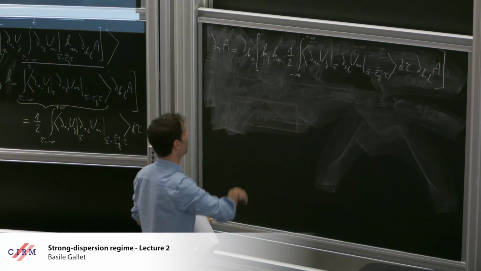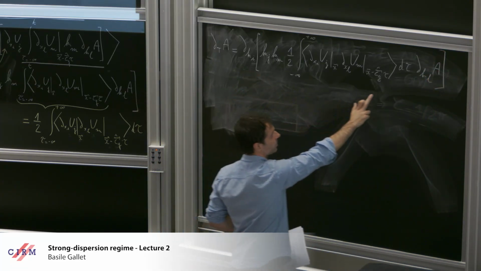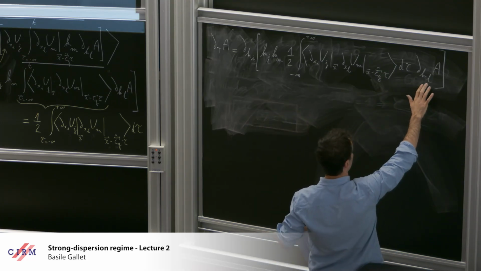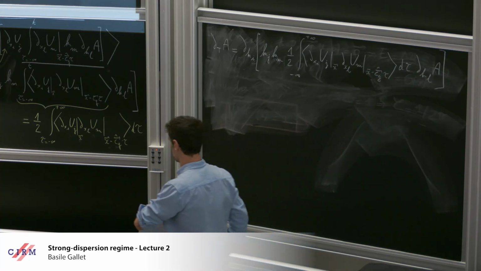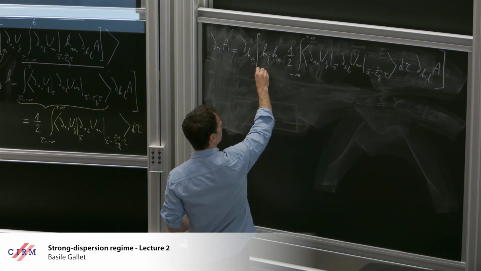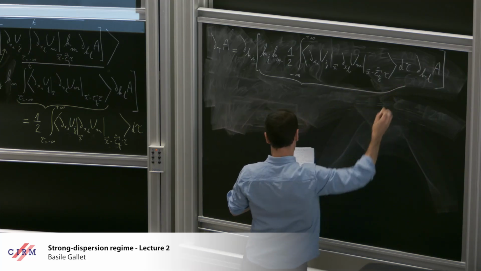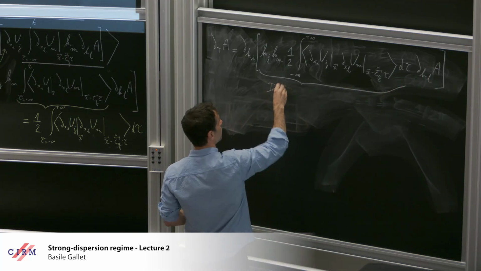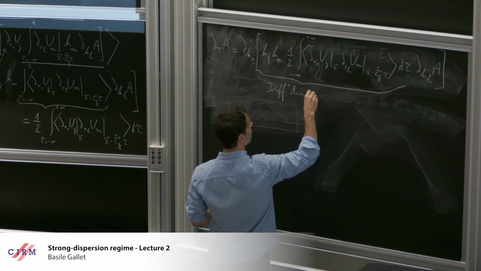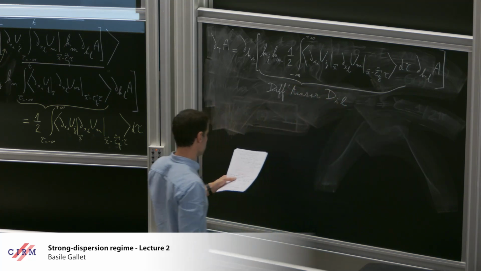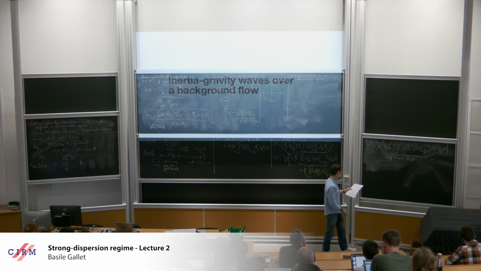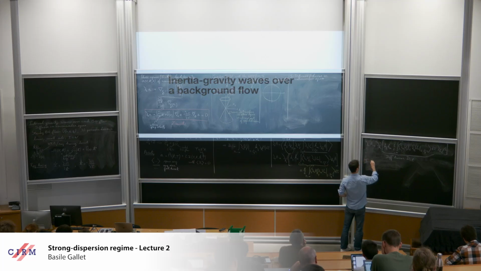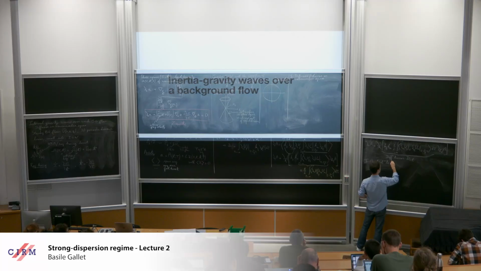Okay, so you can see this is the divergence in k-space of a flux that's proportional to the gradient in k-space of A. So this quantity is a diffusivity in k-space. Okay? So this thing here is the diffusion tensor DIL. Okay, and at this stage, this could be any kind of waves. Okay, so second part, we're going to apply that to internal waves.